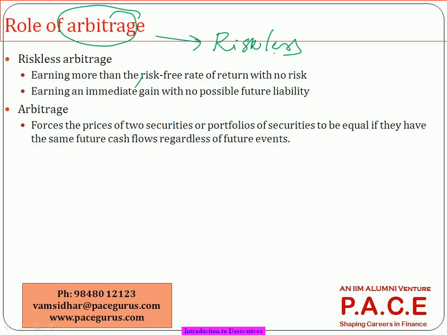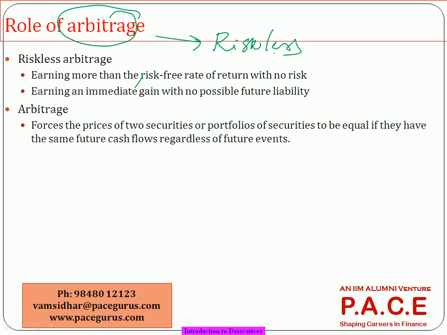After 1 month, because it is available at 1100 in the futures market, I'll enter as a seller in the futures market, which means because I have already bought it, I can sell it at 1100 sure shot at that point. So within 1 month I am getting 100, which means it's a non-risky profit, because within 1 month the risk-free profit should be hardly 20 or 30, but I'm making 100.